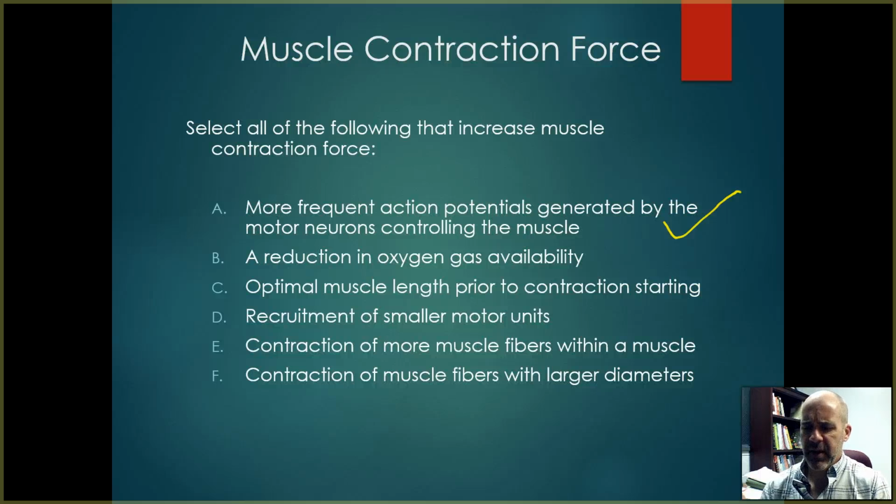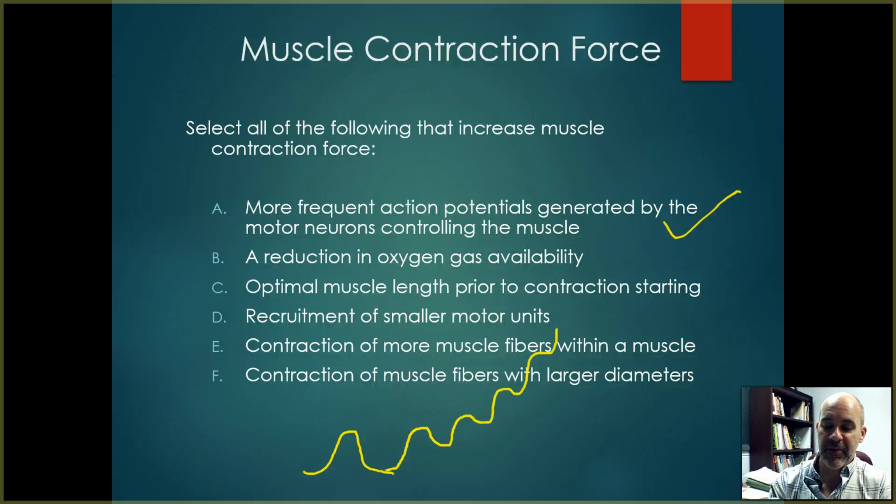Now remember, we also took a look at what happens with muscle fiber contractions. You can have what's known as a twitch, where one action potential from a motor neuron leads to one round of shortening and then relaxation. That's called a twitch. But then if you have another action potential from a motor neuron followed very quickly by another, and another, you get that stair stepping, and eventually you reach what's called tetany.